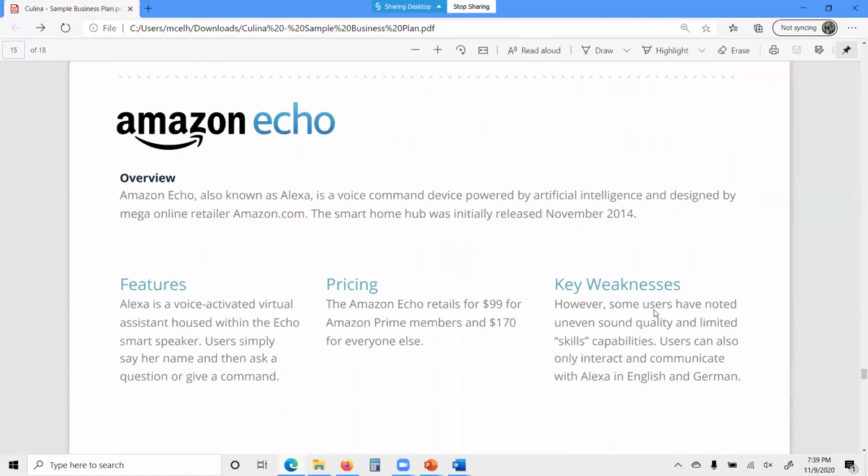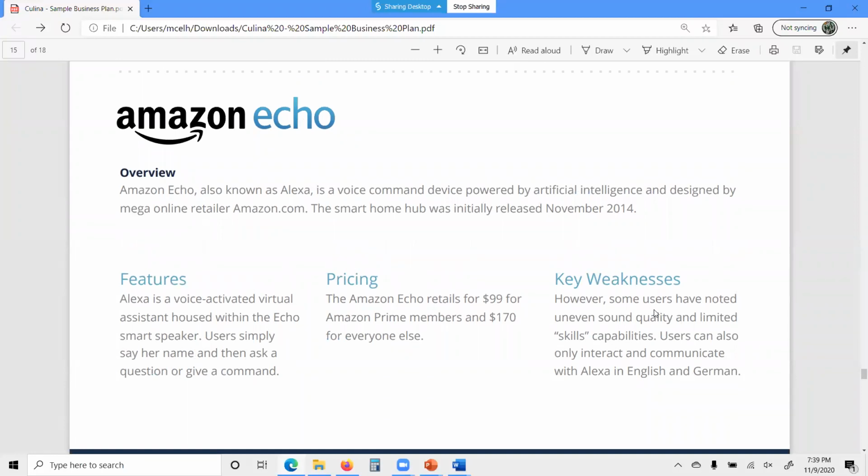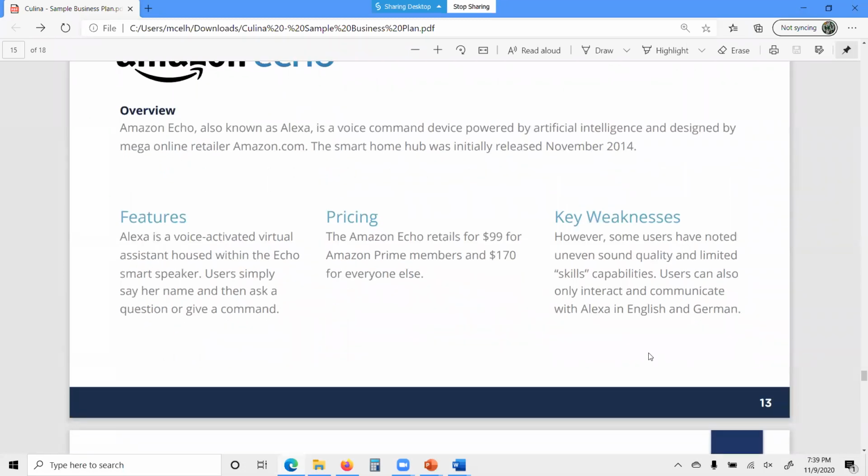So Amazon, they had the Amazon Echo. So that was your speaker. They could work with Alexa then. Sound quality wasn't that great.